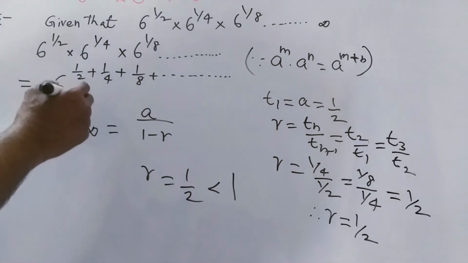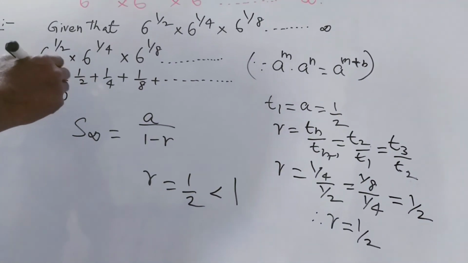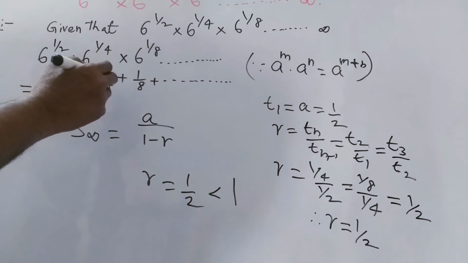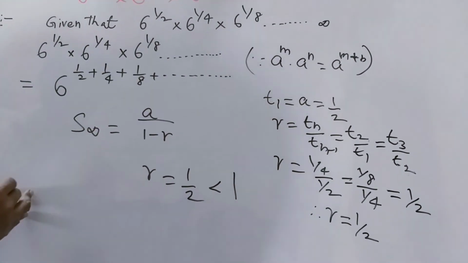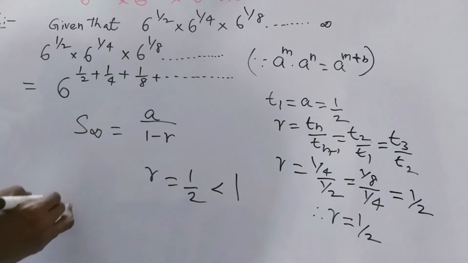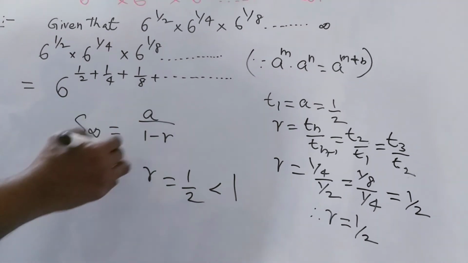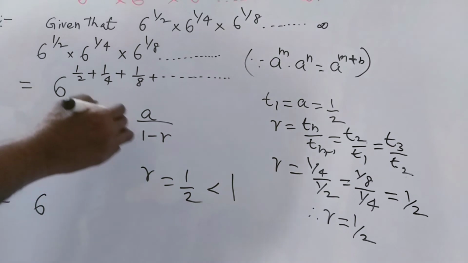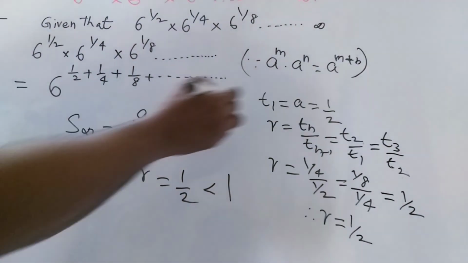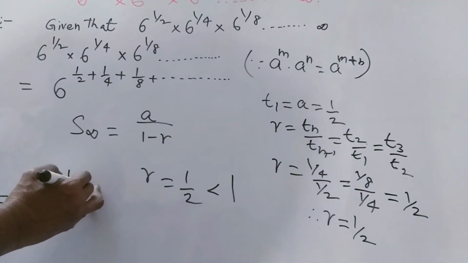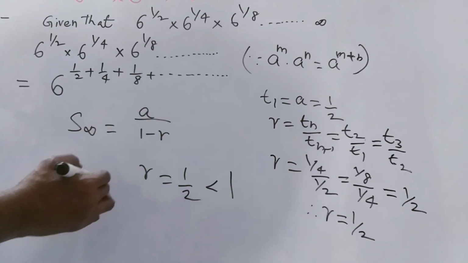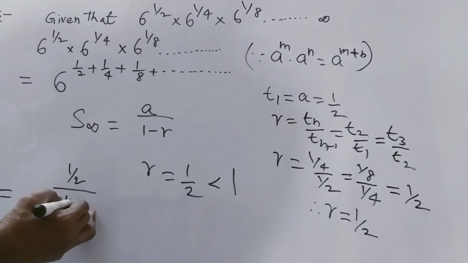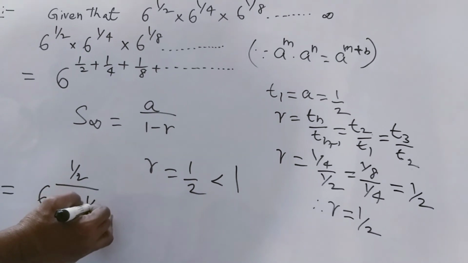By using this, we have to find now 6 to the power of 1 by 2 plus 1 by 4 plus 1 by 8 plus and so on terms. So that is equal to 6 to the power of a by 1 minus r. A is the first term, a is equal to 1 by 2, over 1 minus r, where the common ratio is also 1 by 2.